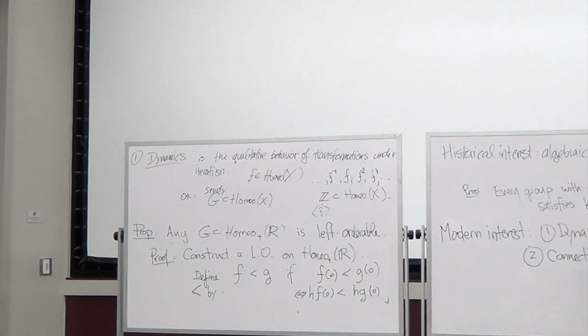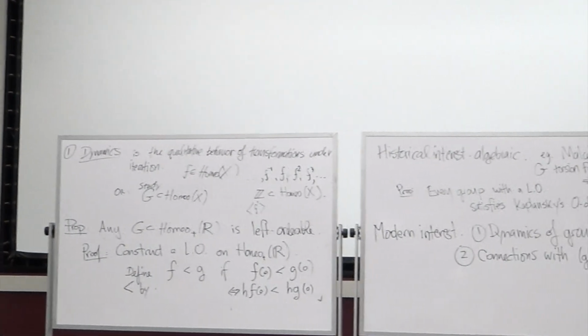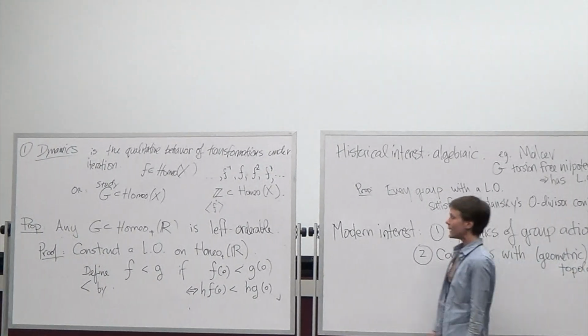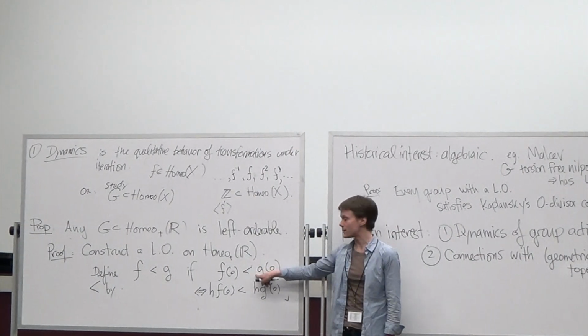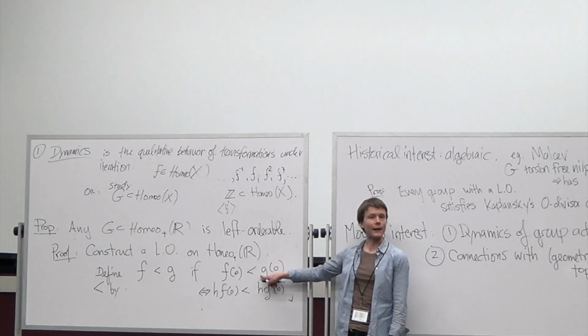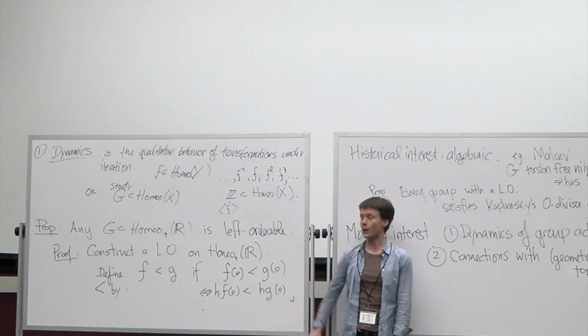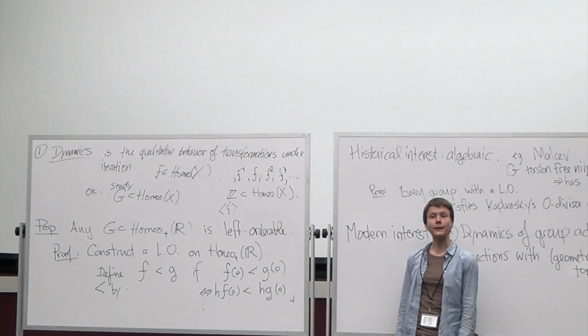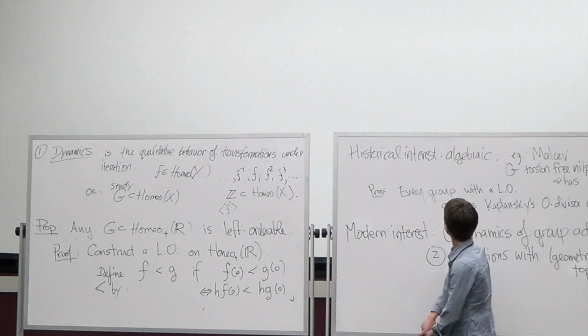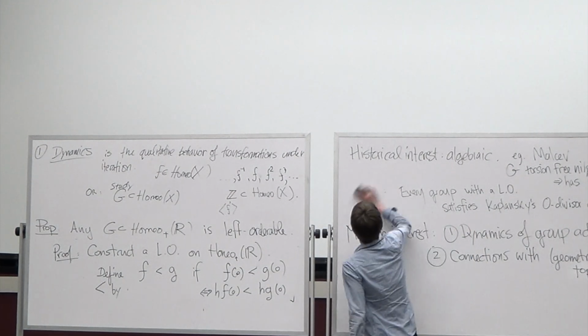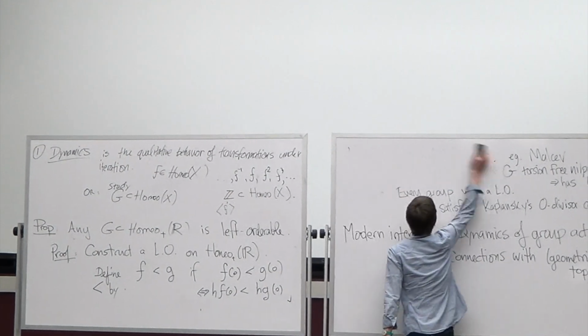Oh, except I've screwed up here. I've only sort of defined a partial order, right? If f of 0 is equal to g of 0, I don't know how to decide who's bigger. Right, okay, so what should I do in that case? Well, let's erase while we think about it.